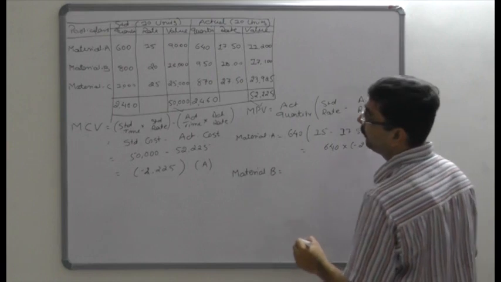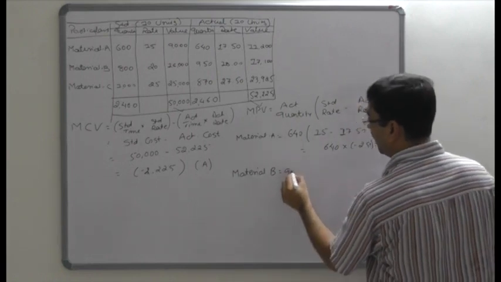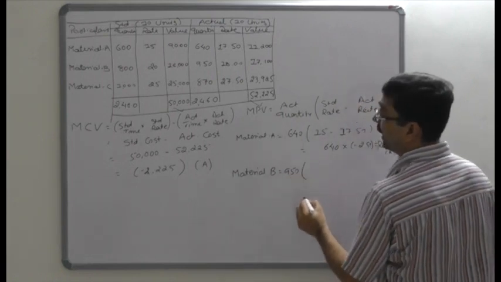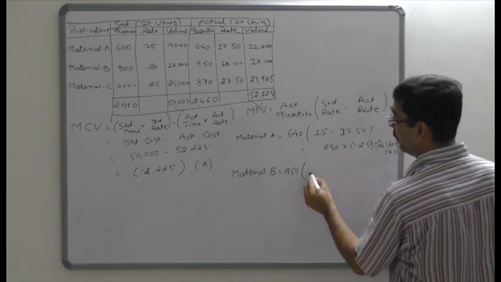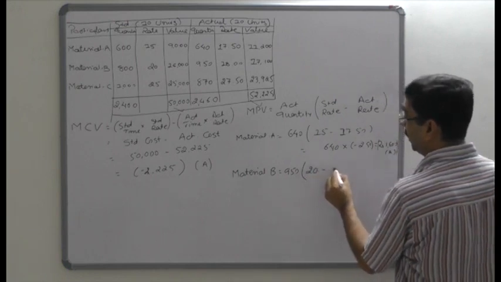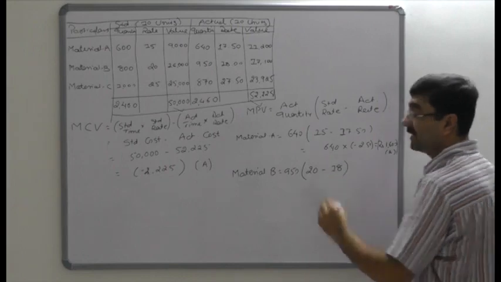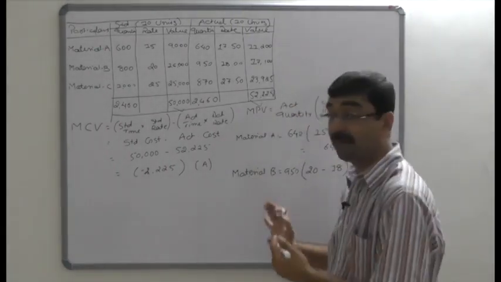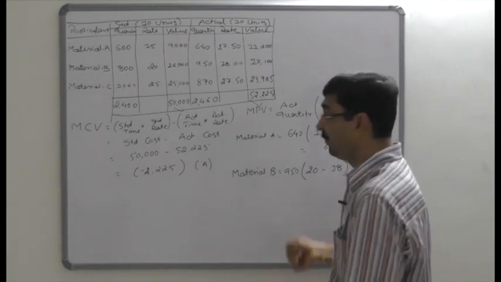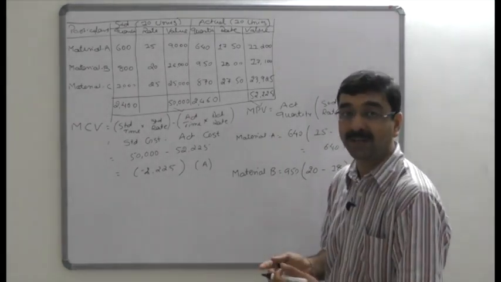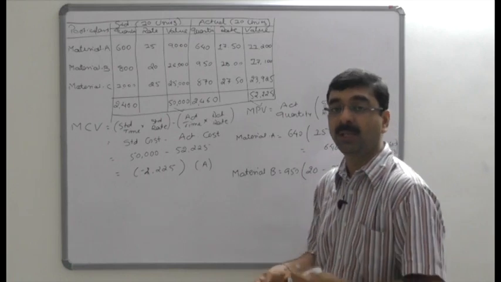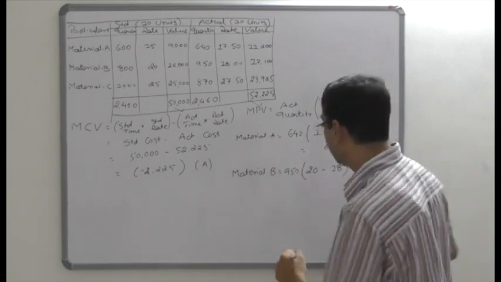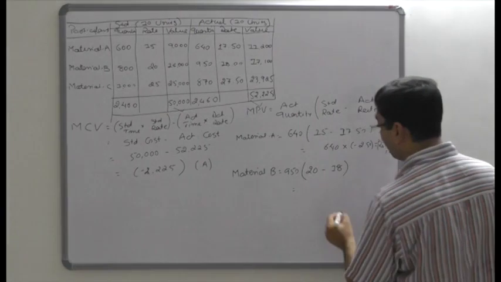See material B, their actual quantity is 950 units, into bracket, the standard rate for material B is 20, where the actual rate is 18. It's very clear from the information that the standard rate is higher than the actual. It means this answer most probably would come out favorable.